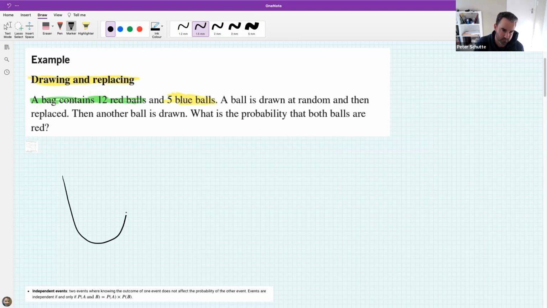I can even draw a container and draw 1, 2, 3, 4, 5, 6, up to 12 balls, and I suppose I could put red, red, red, and so on. And then there's another 5, 1, 2, 3, 4, 5, and these are blue.